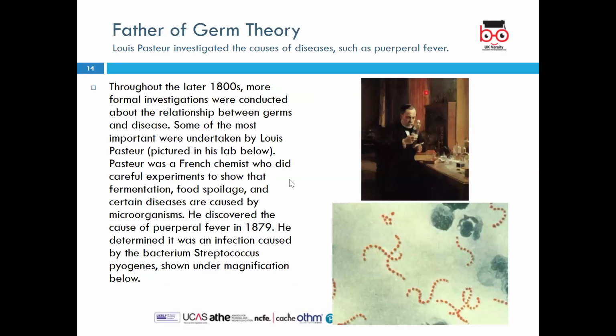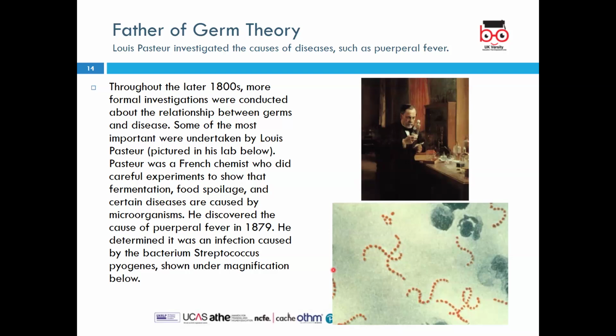So this is the father of the germ theory. Louis Pasteur investigated the causes of diseases such as puerperal fever. Throughout the later 1800s, more formal investigations were conducted about the relationship between germs and diseases.